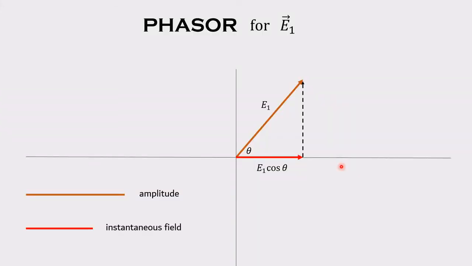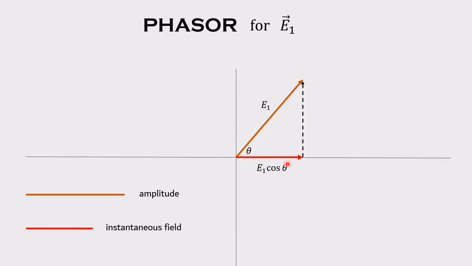I need to go back and emphasize something that I don't think I said earlier. The greatest value in absolute value that the physical field takes on, remember, it's the horizontal projection which represents the actual electric field, the greatest value that it takes on is the length of the phasor.